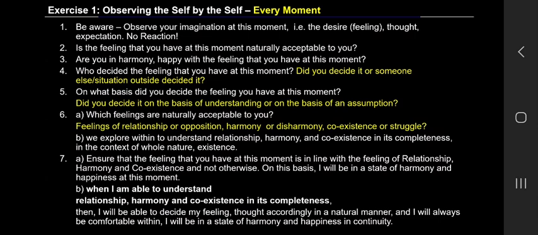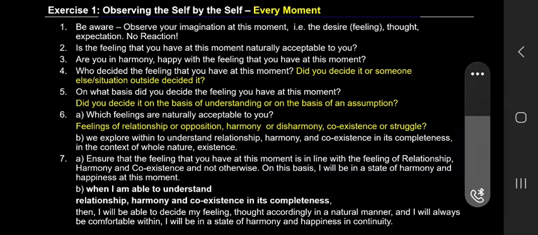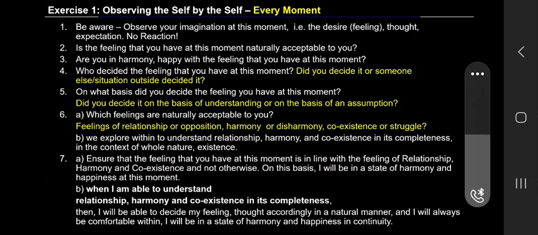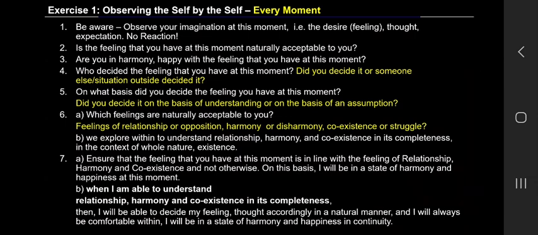So once I am able to see my sanskar in completeness, I can align my sanskar with relationship, harmony and coexistence. So this is how I can be in harmony all the time, every moment, irrespective of outside environment, irrespective of outside event.